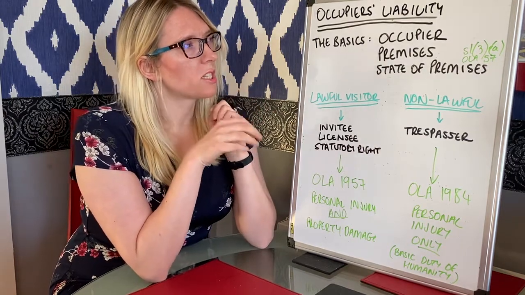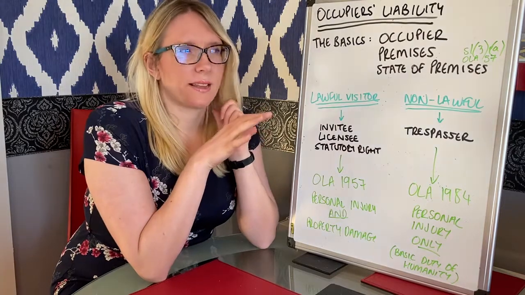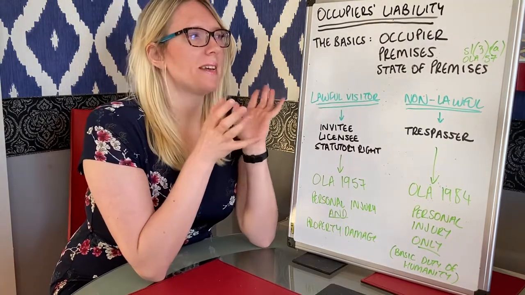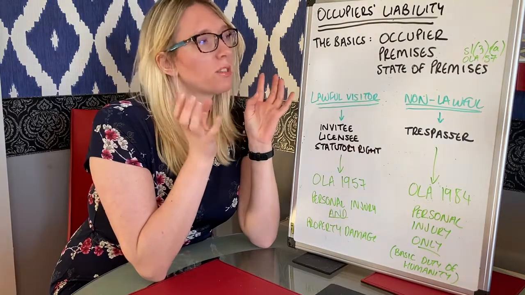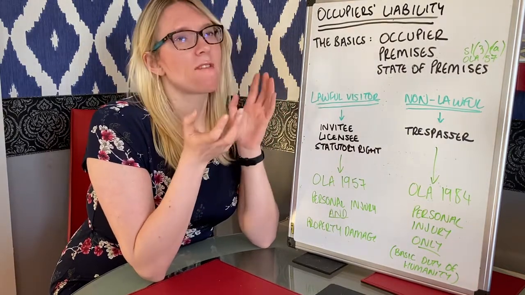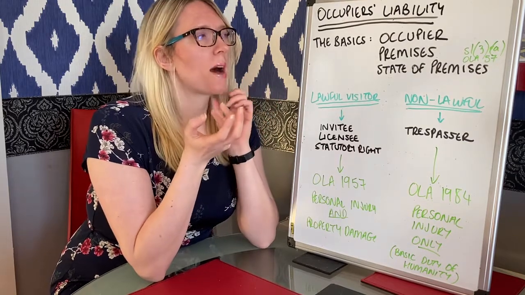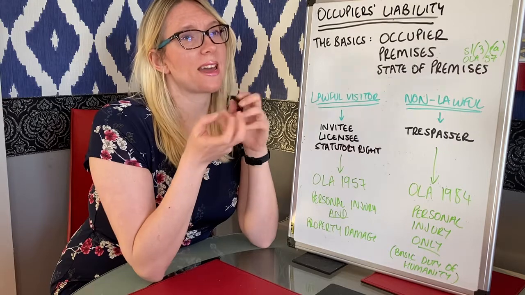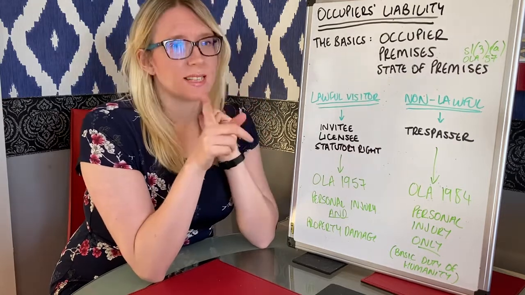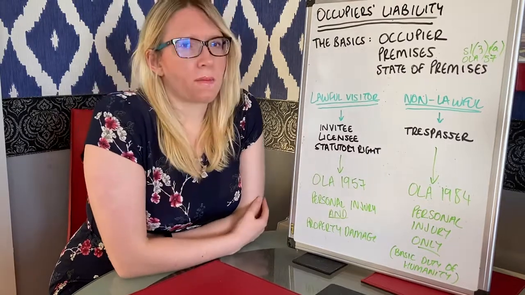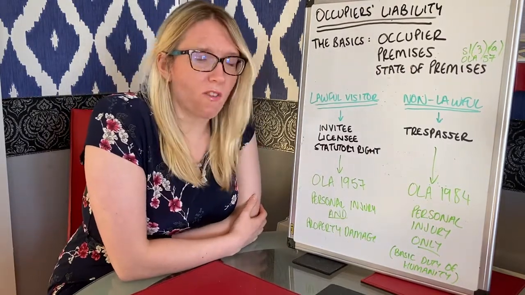So to start with, in an essay or a problem scenario, you need to talk about the basics. Now the basics mostly have their roots in common law. So it's quite ironic that neither of the Occupiers' Liability Acts actually defined who or what an occupier is. So first things first, you need to define that. There can be more than one occupier of a premise.